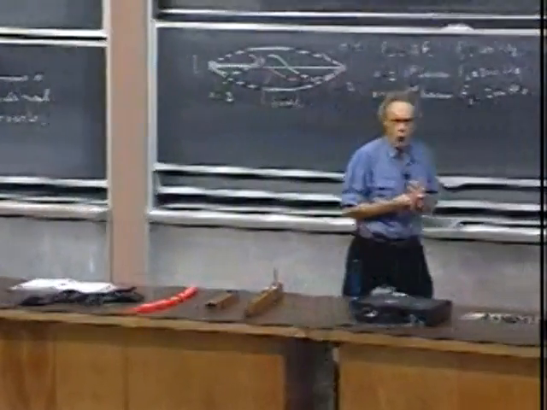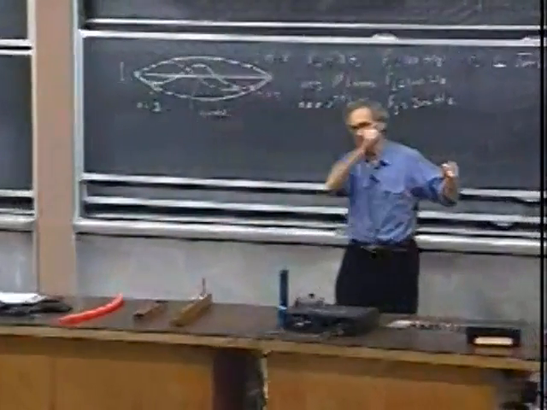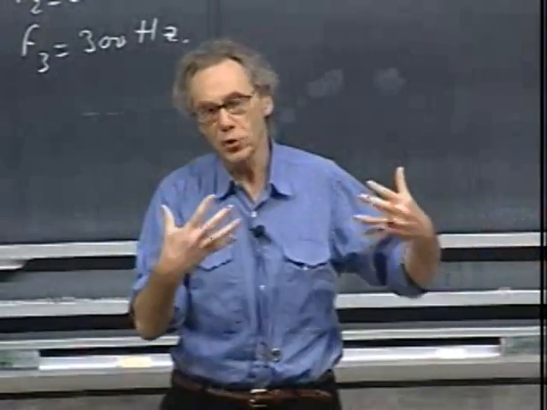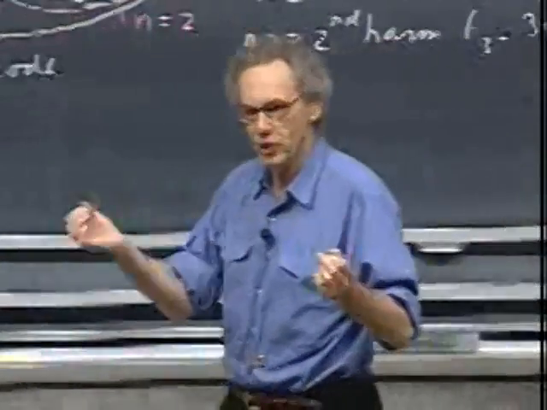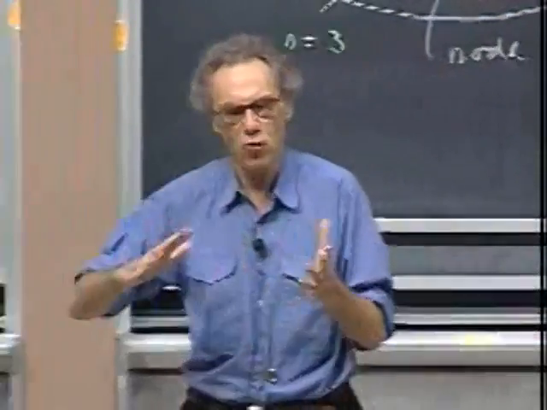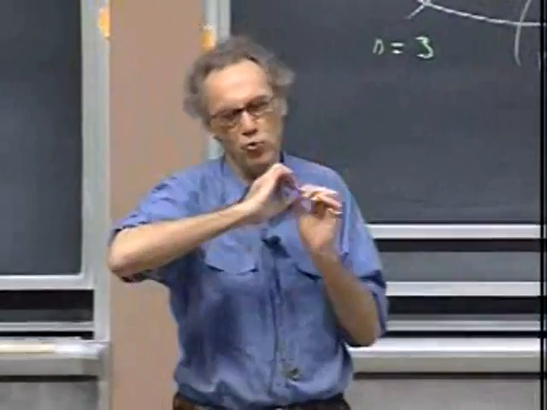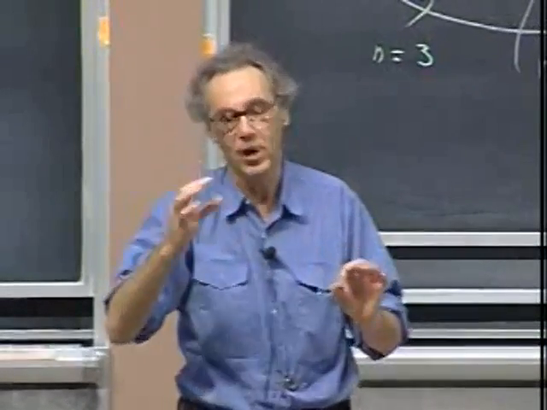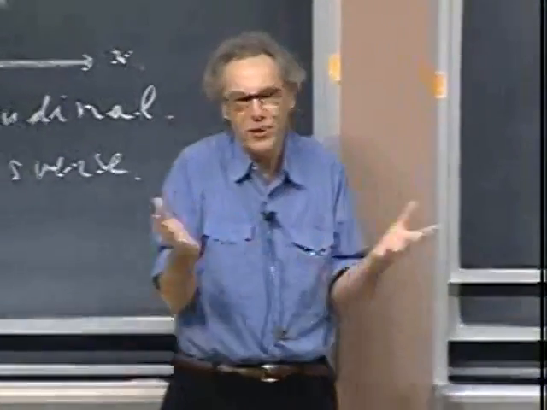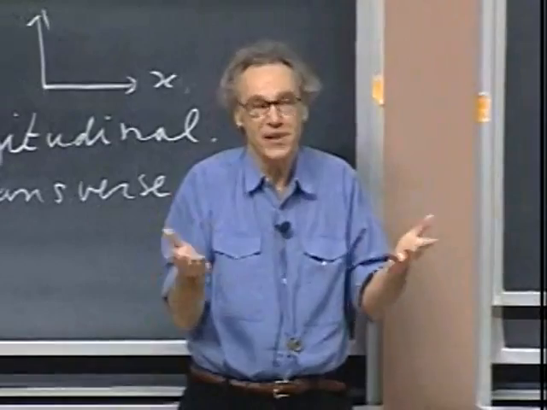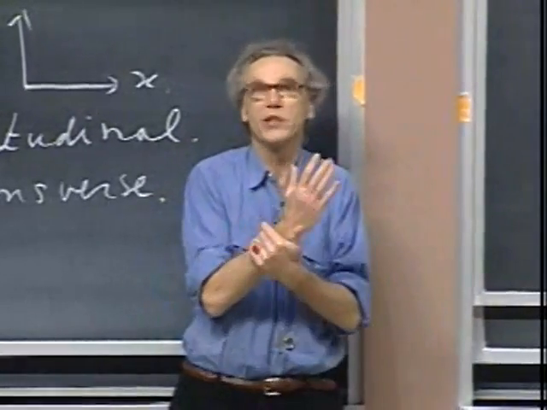But if you take a bow and you rub the string with a bow, then in a way what you're doing is you're exposing that string to a lot of possible frequencies, not just one, but it is a rubbing action. I could also rub it with my finger, or I could pluck it, or I could kick it. And what it does is, it ignores all the frequencies which are not at resonance, but it picks out the ones which are at resonance.